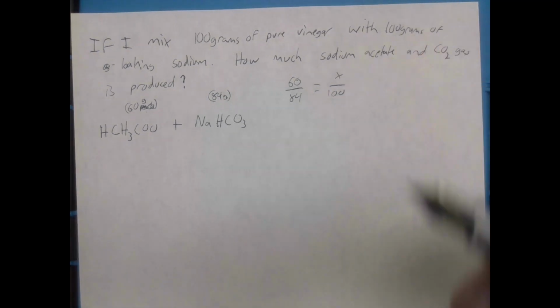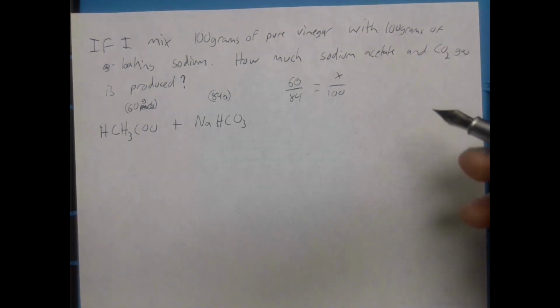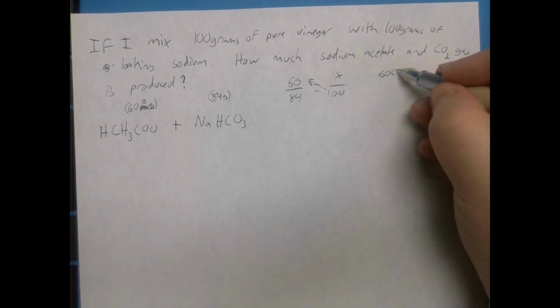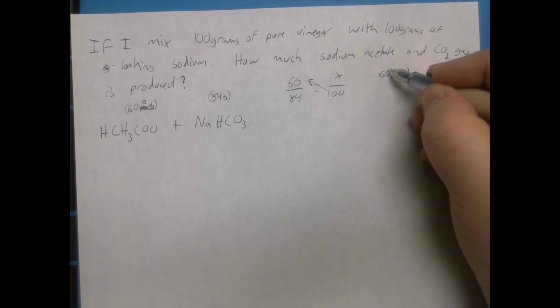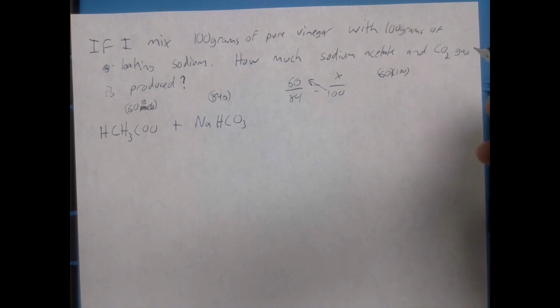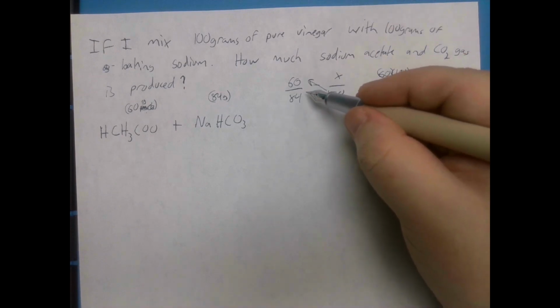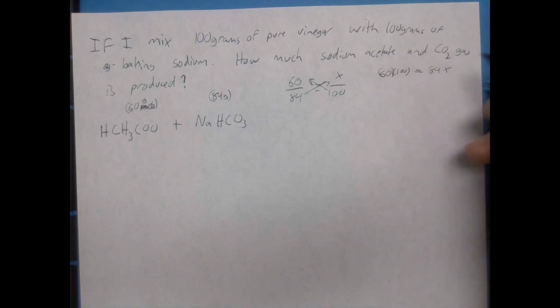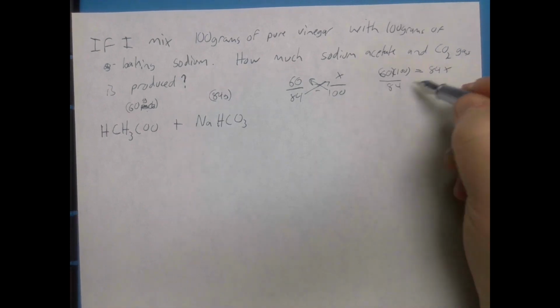So basically cross multiply, right? So 60 times 100 is related to 84x, solve for x. Y'all should have done this in first algebra, or if not, before that.